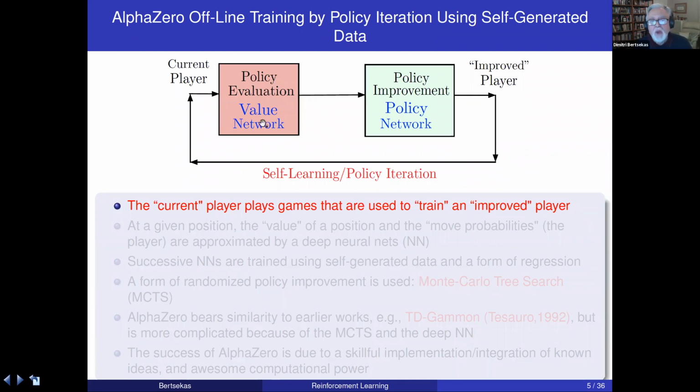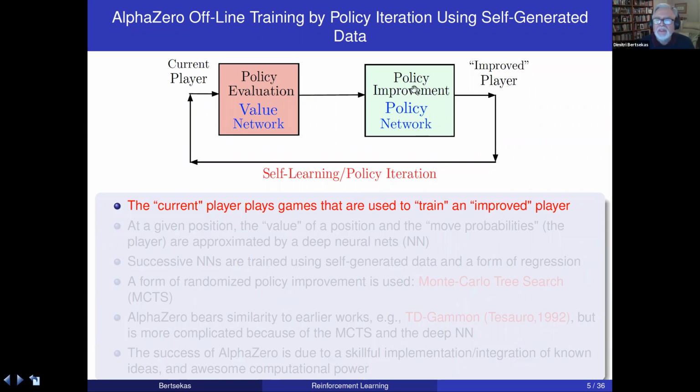Then, given an evaluator of the player, the value network, we can generate a lot of games and try to improve using a process called policy improvement and get a better player, a player whose move probabilities are a little better. They are sort of moved towards more successful outcomes of the game.